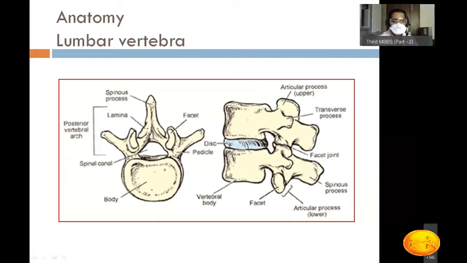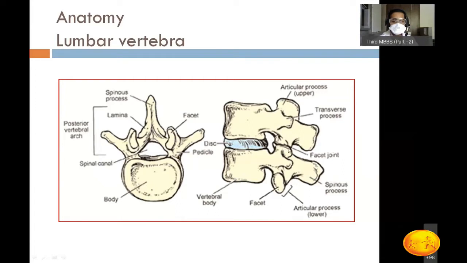Posteriorly, there is one big process, the spinous process. Then there are 2 lateral processes, which are called transverse processes, where the muscular attachments are present. And then there are 4 processes, the 2 superior articular facets and 2 inferior articular facets.